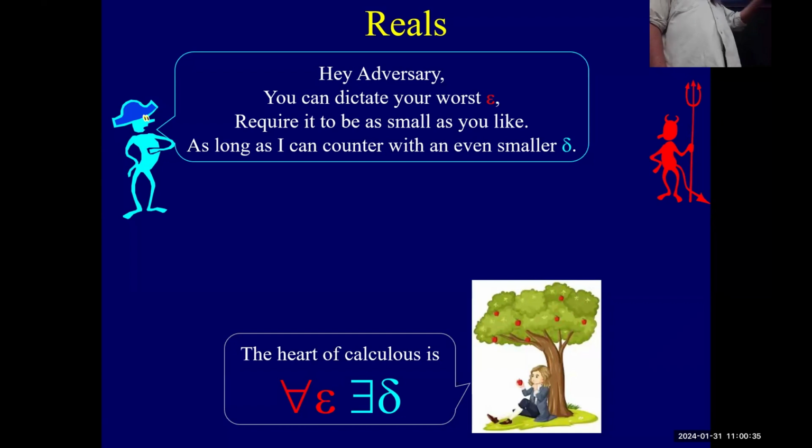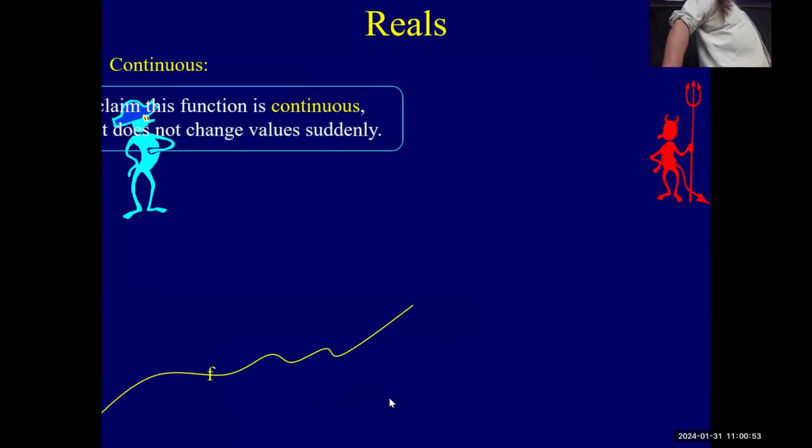And the reason we're going to win the game, remember the game we were playing where he came up with a number and I came up with a bigger number? I win because I went second. We're going to win because we get to choose our delta second. Everybody get that?